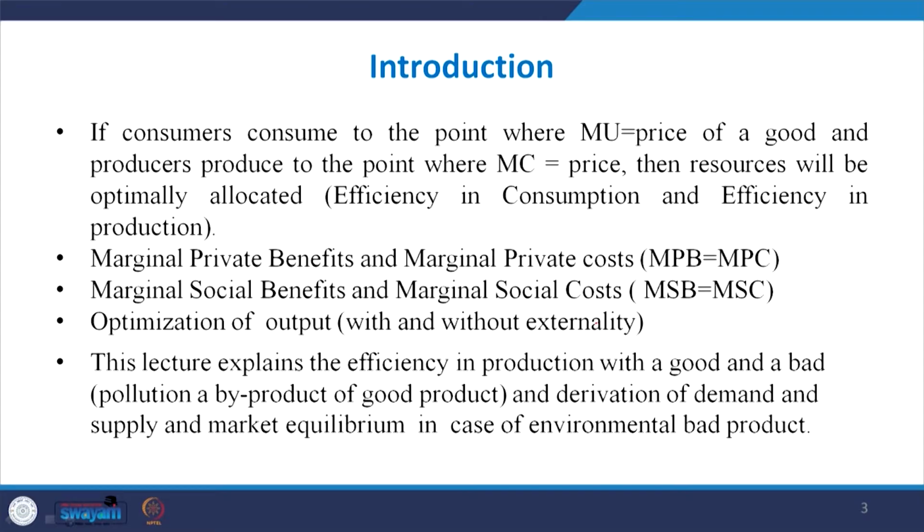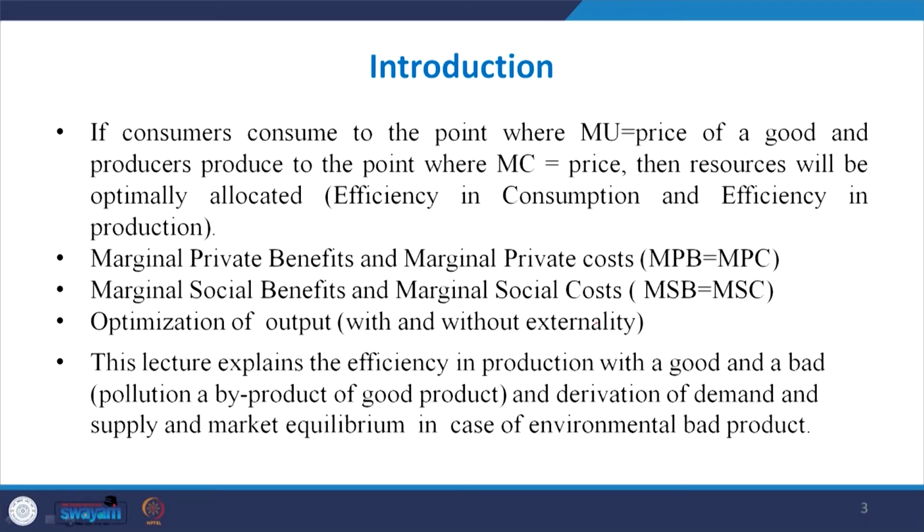When we talk about the cost, there are two different kinds of cost. One is private cost and the other is social cost. So, generally when a company tries to optimize the output, private marginal benefits are equated to private marginal cost, or equilibrium is achieved at the point where marginal private benefit is equal to marginal private cost.